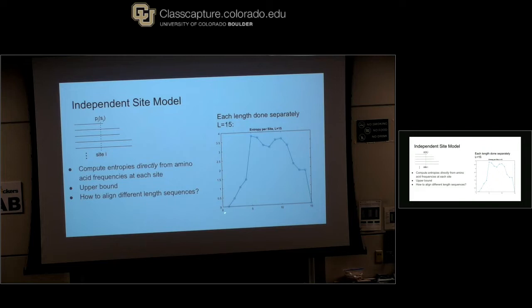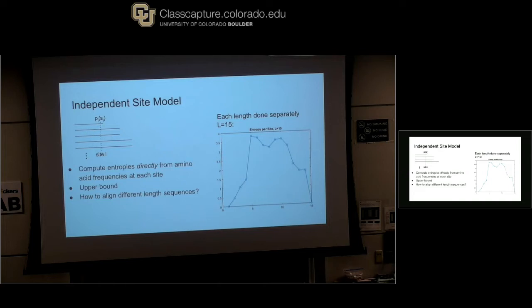We see that the entropies at sites near the beginning and near the end of the sequences are pretty low, and this reflects that these sites are pretty conserved, and also is the reason why we had trouble doing basic naive alignments like left aligning or right aligning.